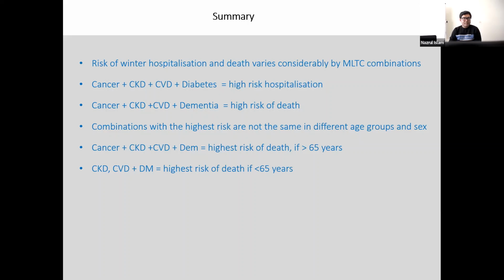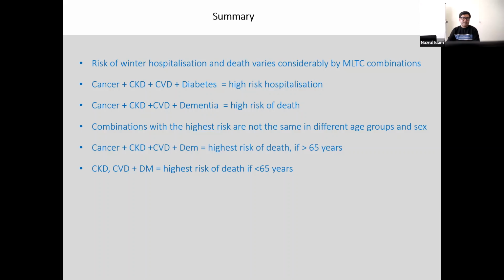To summarize, the risk of winter hospitalization and death did vary quite considerably between different combinations of multiple long-term conditions. For hospitalization, the highest risk was for the combination of cancer, CKD, CVD, and diabetes, while for death, it was cancer, CKD, CVD, and dementia.